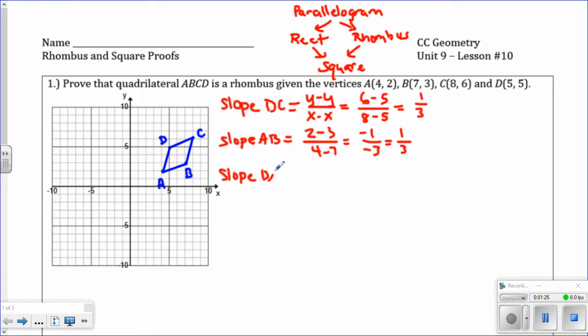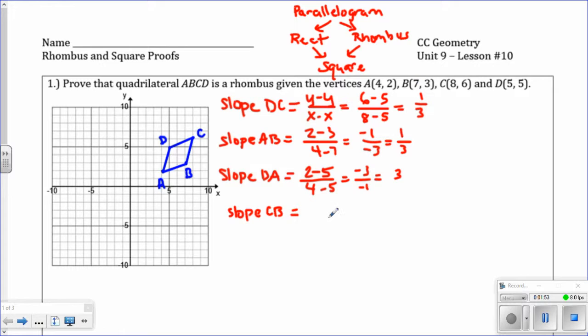I'm going to do DA next. Okay, I'm actually going to do AD. I like looking at A first. Okay, so 2 minus 5, and then we have 4 minus 5, so we get a -3 divided by a -1, which is a positive 3. And last side is CB.